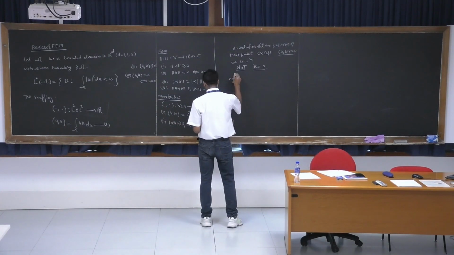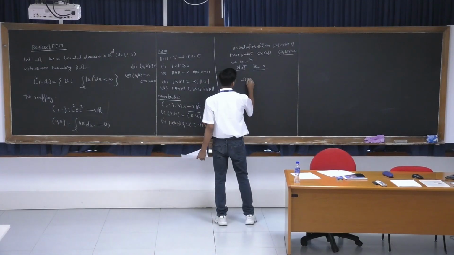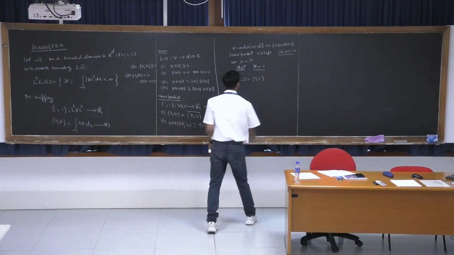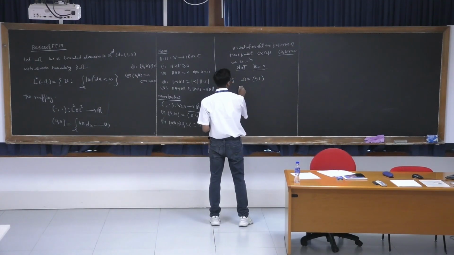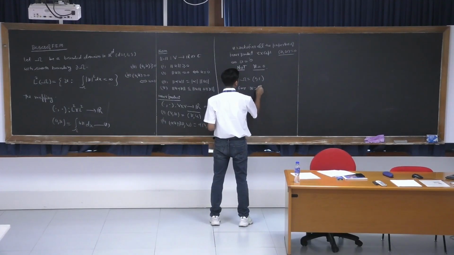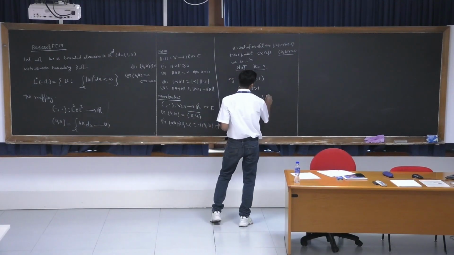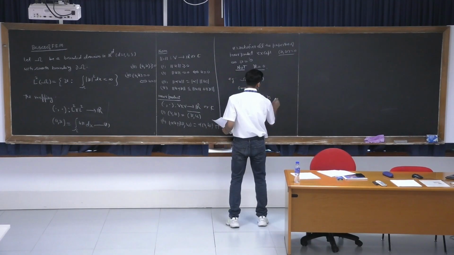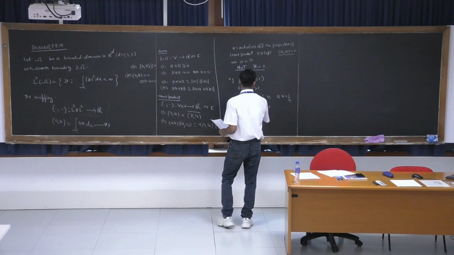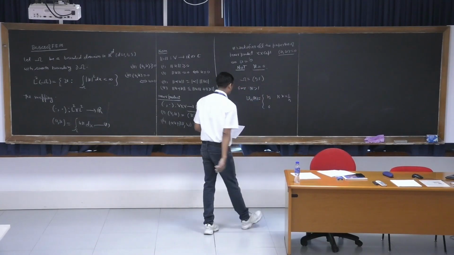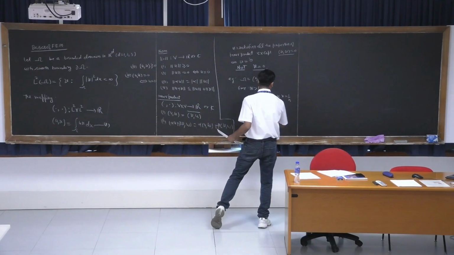So for example, I can assume that our domain is 0 to 1, and for n greater than 1, define a sequence Vn that is equal to n if x is equal to 1 by n, and 0 elsewhere.